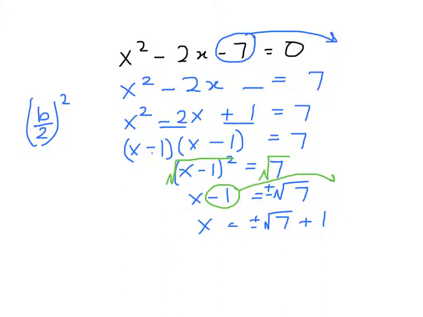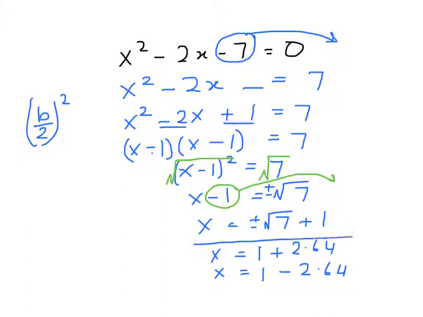Square root of 7 equals 2.64, so I could have x equals 1 plus 2.64, or x equals 1 minus 2.64 would be my answer.